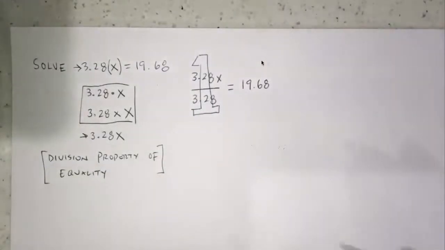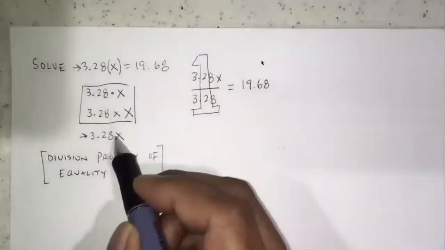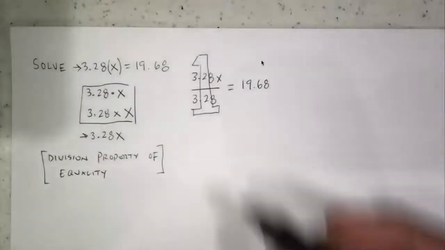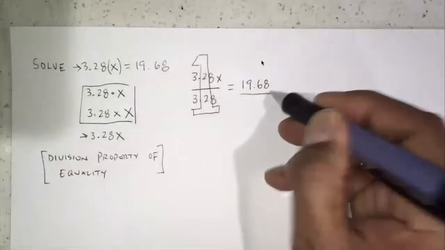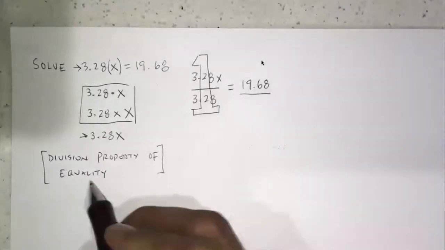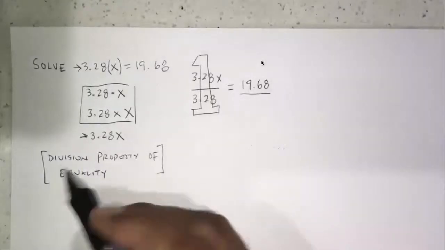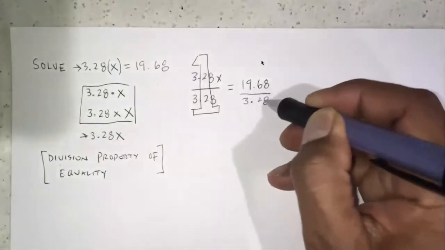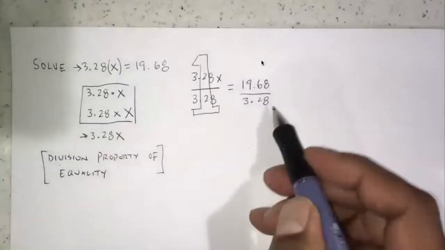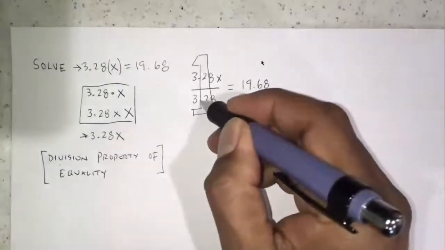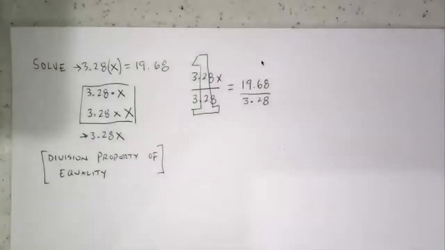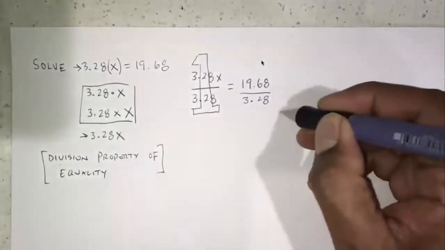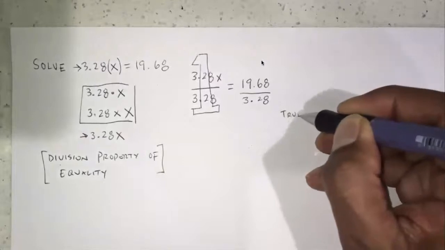Applying the inverse operation: we know we're multiplying, and the inverse operation of that is dividing. And the property of equality, when we apply division, tells us that what we do on one side of the equation, the left side, we must do to the right side of the equation. So this equation must always be true.